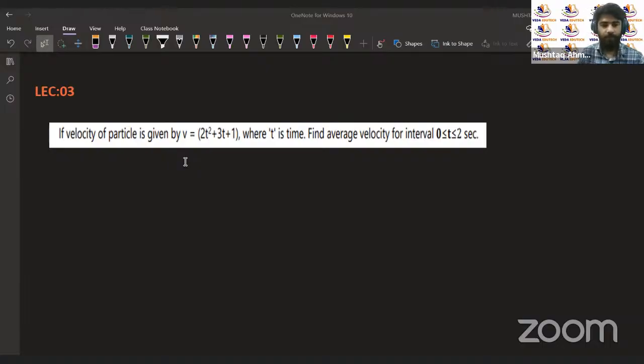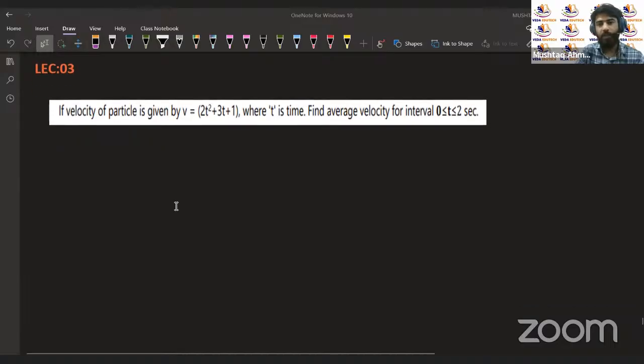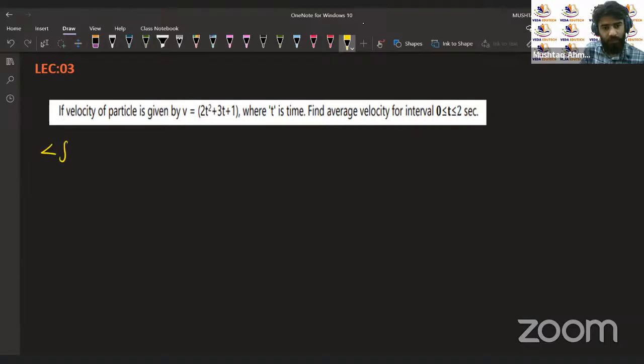We know that when we studied the basic mathematical tools, in the applications of the integral, one of the important applications we studied was to calculate the average of any physical quantity, right? So suppose we have any physical quantity f of x and we want to find the average of this physical quantity.